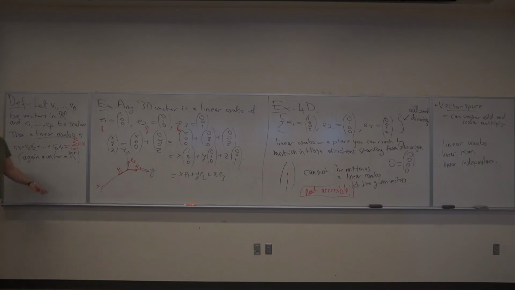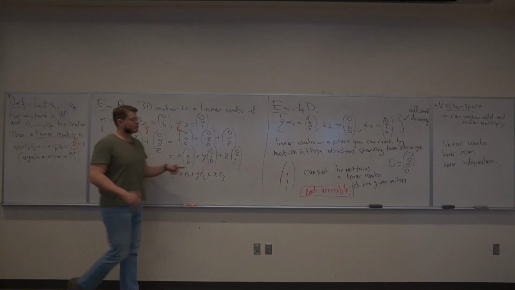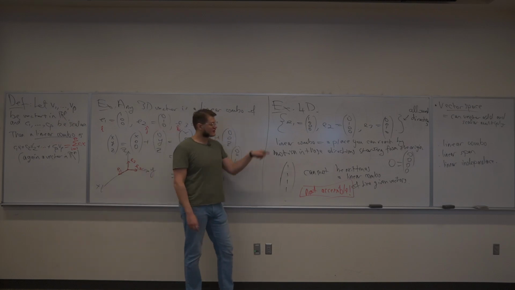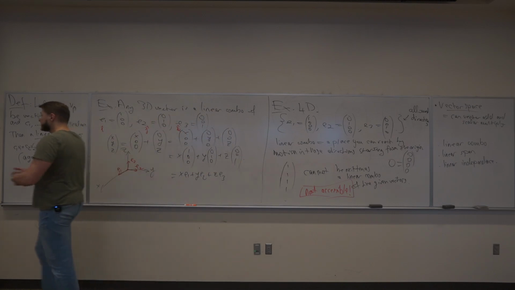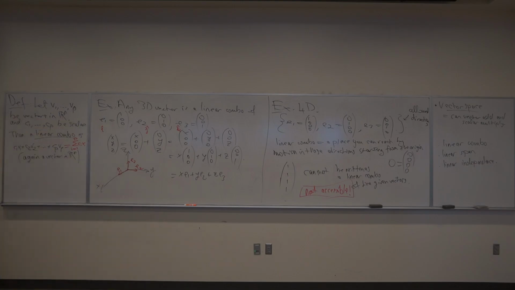Now, the collection of all those vectors that are accessible given a set of vectors is what is defined as the span of these vectors. So, span of v1 dot dot dot vp. In the textbook, I think they use the curly braces here. Doesn't really matter.